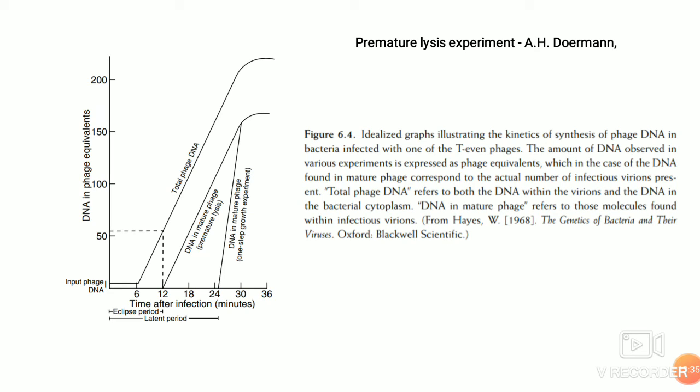In this experiment, the samples removed at various times are treated to lyse all cells in the culture. That means the lysates can then be assayed for the presence of free phage particles or their components, like the DNA, how much DNA is present which is not yet assembled.